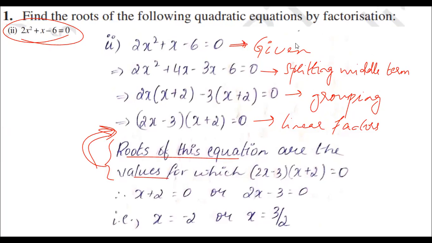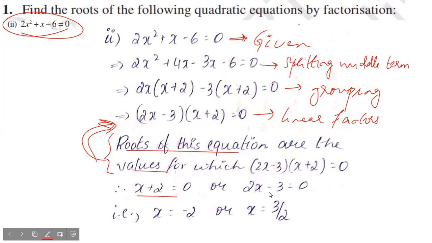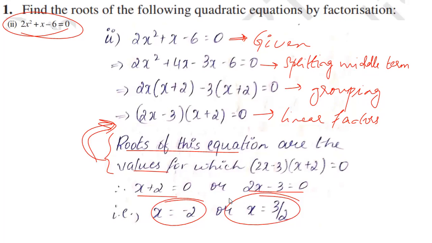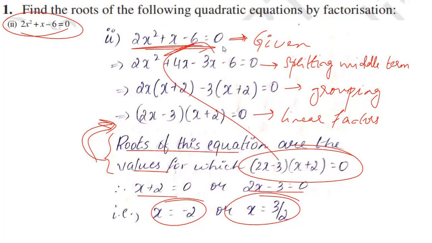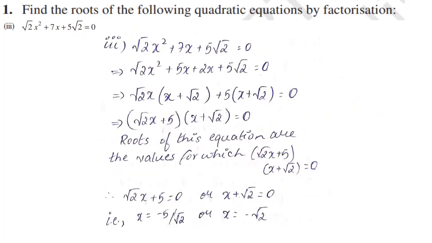Next, equate them separately to 0. Find the roots. This is nothing but the same quadratic equation expressed in the form of two linear factors. Right? Got it? Clear. Next question.